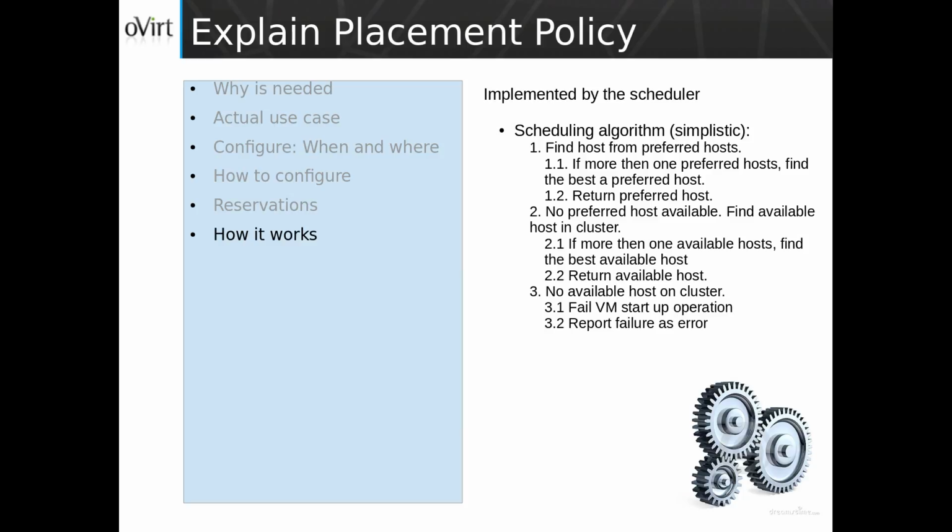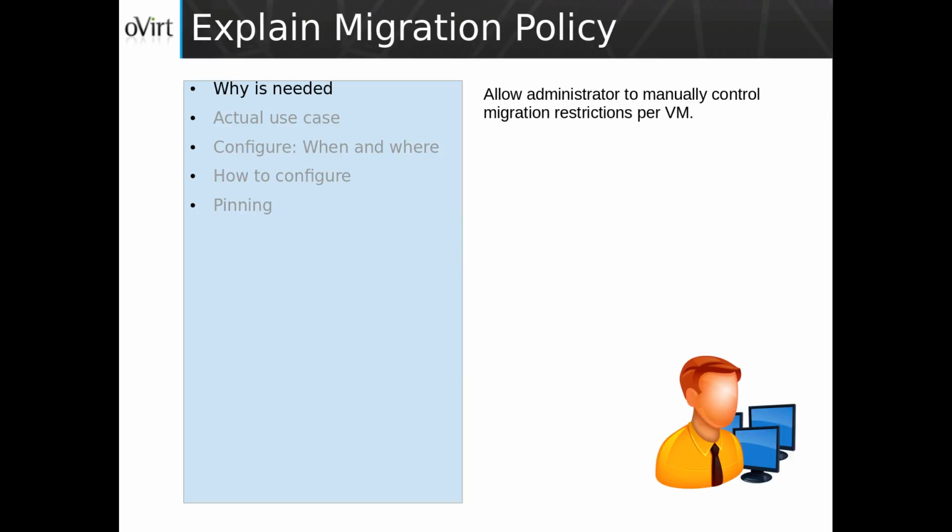Second, if there are no available preferred hosts for the VM, select the best available matching host for the VM from active hosts in the cluster. Third, if no available host is found for VM, fail the VM startup and report. Now I will explain migration policy and restrictions.